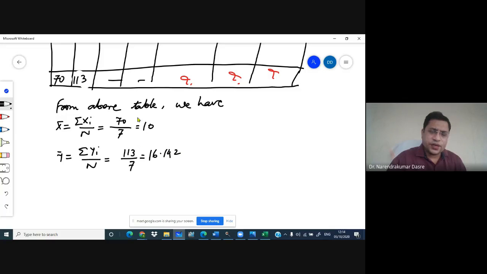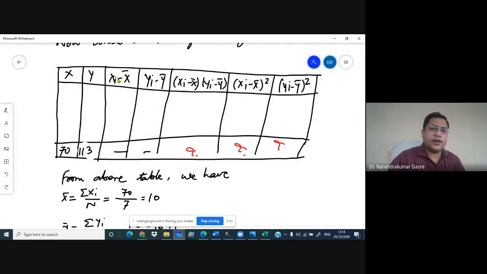Now that you have these averages, you have to calculate these two columns first and then these three columns. We are interested in these three sums. So please calculate the remaining table.